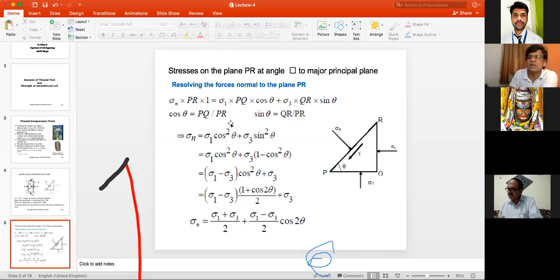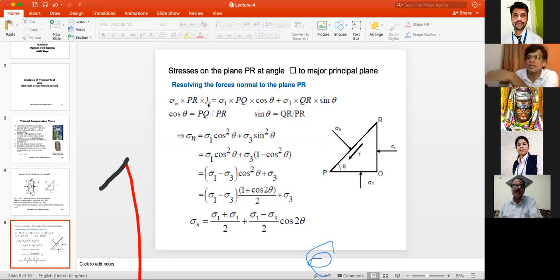What forces are there? First, the normal force is acting, that is sigma n, multiplied by the area. Area is nothing but the length PR multiplied by 1 unit width, perpendicular to our plane. So that is the total area. Okay, so this is acting downwards.